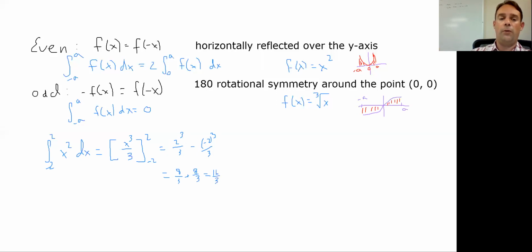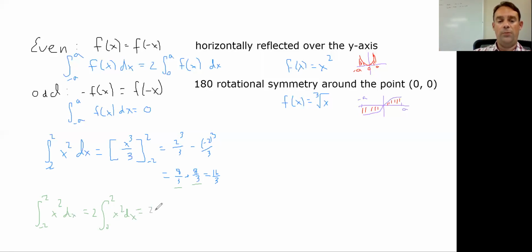Now let's see what that would have looked like if we had used the property for even functions. According to that little theorem, I only needed to take it from 0 to 2 and multiply the answer by 2. You should be able to see that you're going to end up with 2 of those, so it should work.